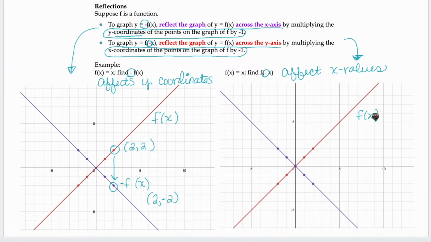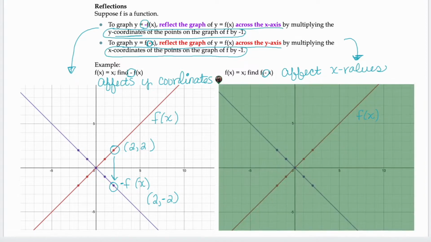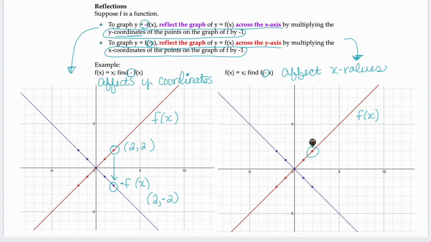Let's still use that point (2, 2). And again, this is affecting my x values because I'm reflecting across the y-axis. So now my point for f of -x is (-2, 2), since I multiplied my x values by -1 as I went across the y-axis.